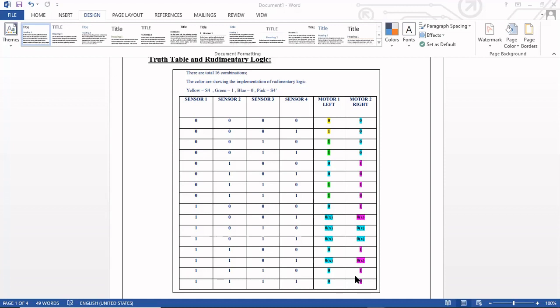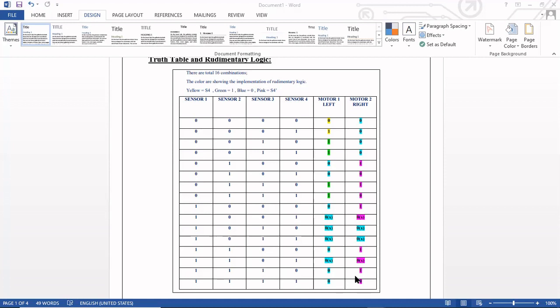After drawing the truth table and using the rudimentary logic, we simplified the equations obtained from this truth table, and using those simplified equations, we drew the schematic of this project. So we drew the schematic of this line following robot, and with the help of this schematic, we tested all these possible 16 combinations.